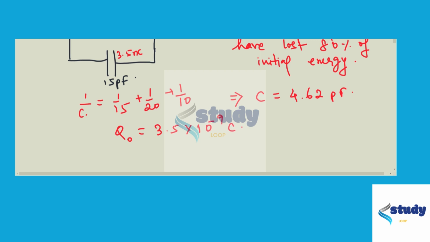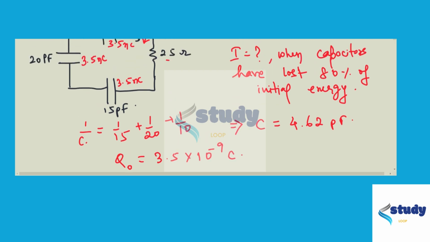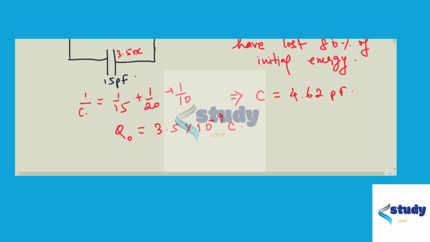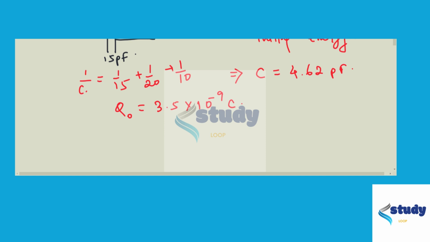And the resistance is also given to us. It's 25 ohm. So we can find out the energy of the capacitor, which is given by the expression E naught e to the power minus 2t by RC.